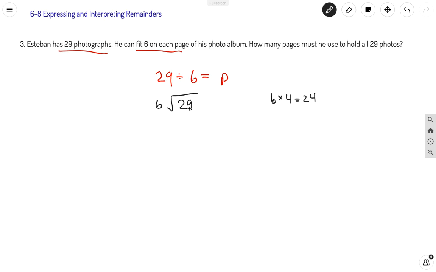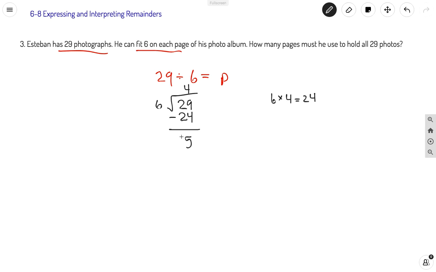And I'm looking to see, I need to fit 6 into 29. So if I do 6 times 5, I know that's going to give me 30, and that's too much. So I'm going to stick with 6 times 4, which will give me 24. So I'm going to put my 4 up top. And I have 6 times 4 equals 24. I subtract 29 minus 24, and I get 5.